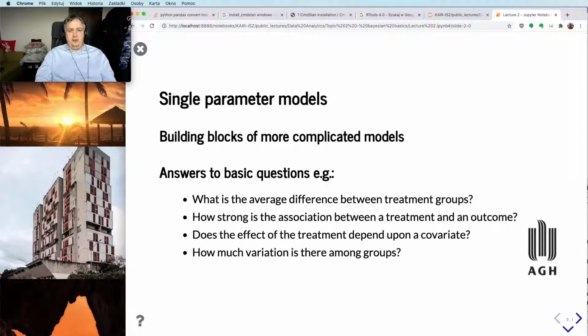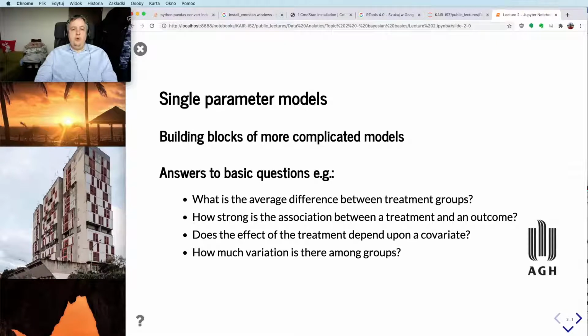But in practice, single parameter models are used as building blocks of more complicated models, for assigning priors or likelihoods for individual parameters in those models, and also for answering very simple questions which we reach after certain transformations.